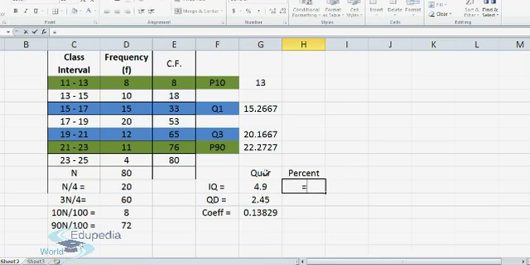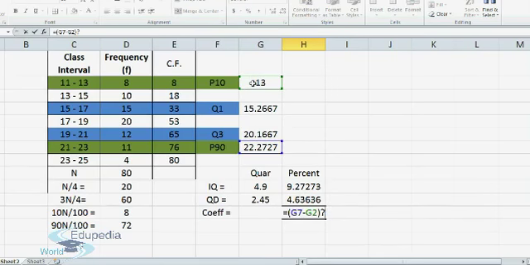Okay, for percentile deviation the value would be P90 minus P10, its coefficient, the percentile deviation, would be this value divided by 2, and then finally the coefficient would be P90 minus P10 divided by P90 plus P10.